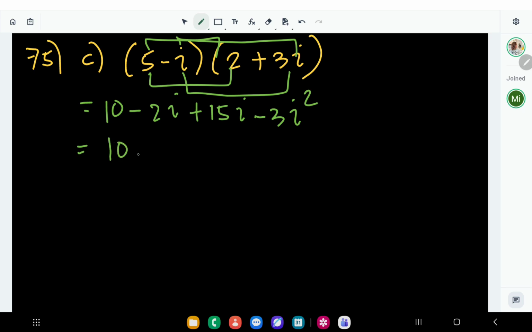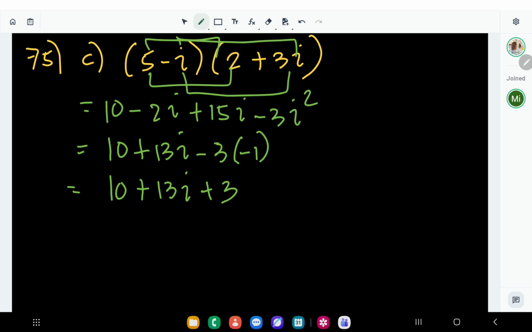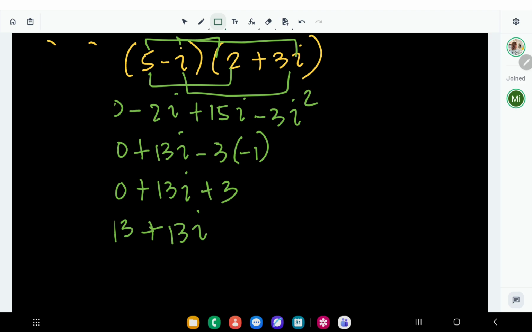So this is 10 plus 13i minus 3 times negative 1. So 10 plus 13i plus 3, so 13 plus 13i. Then 76. Okay, I found 76. We move to 76.